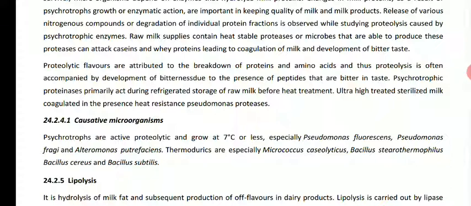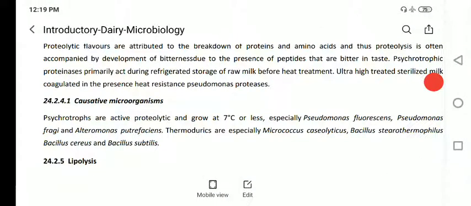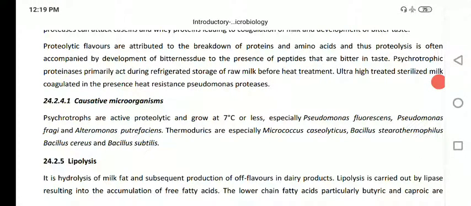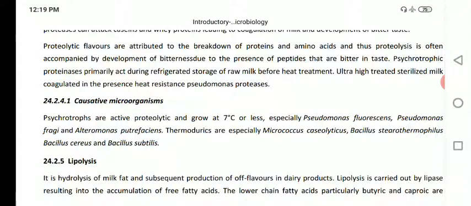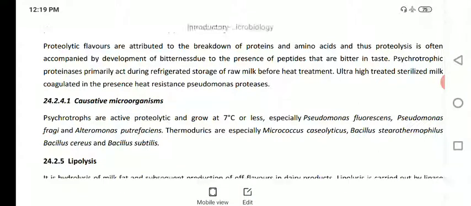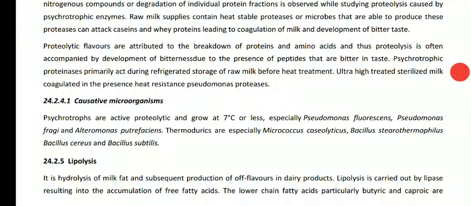Psychrotrophic proteinases primarily act during refrigerated storage of raw milk, before heat treatment. Ultra high temperature sterilized milk coagulated in the presence of heat-resistant Pseudomonas proteases. Then the causative microorganisms: psychrotrophs are the active proteolytic organisms that grow at 7 degrees Celsius or less.